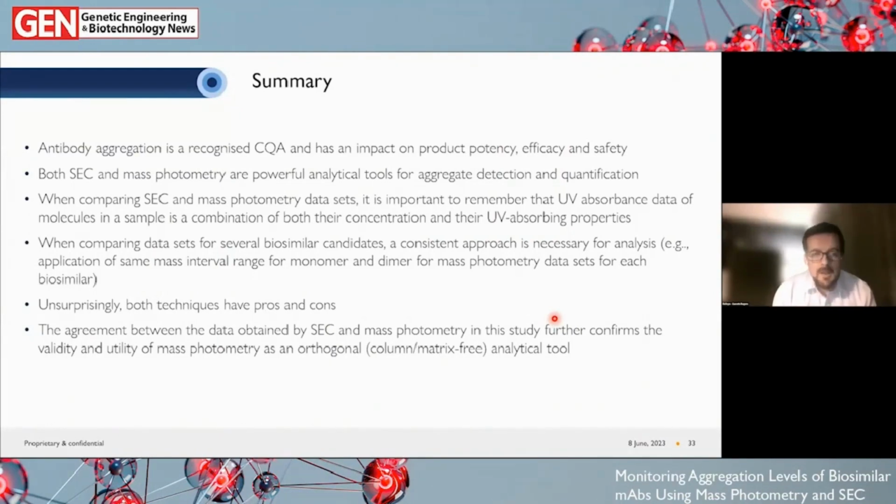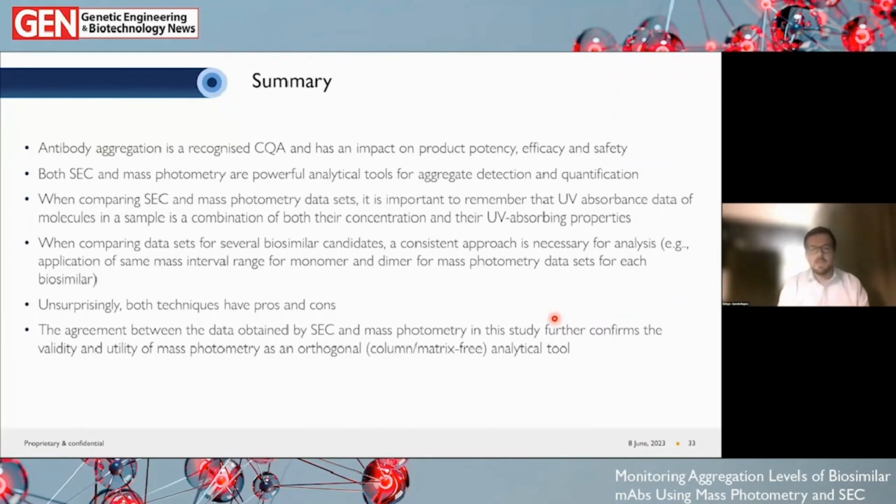When comparing data sets for several biosimilar candidates in this particular study, it is important to have a consistent approach where analysis is concerned. So where the mass spectrometry measurements are concerned, using the same mass interval range for monomer and dimer.